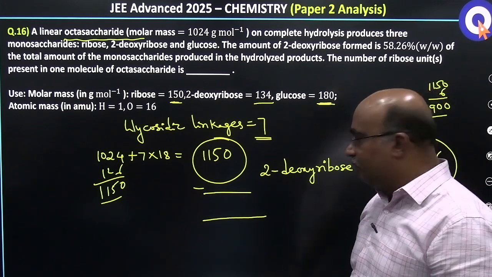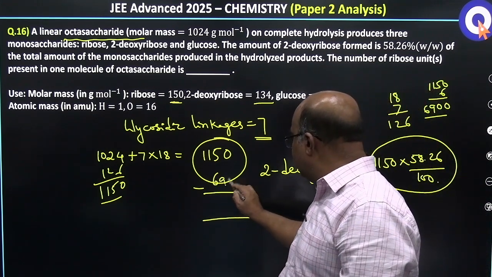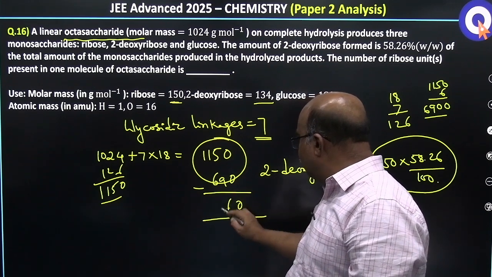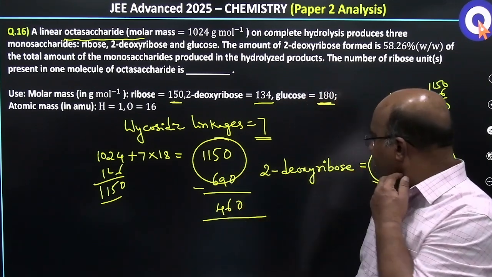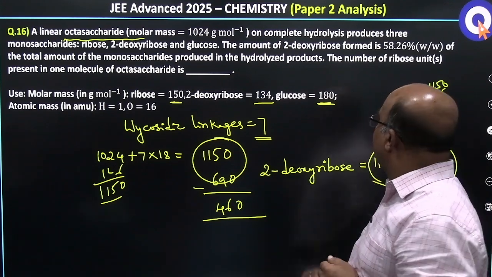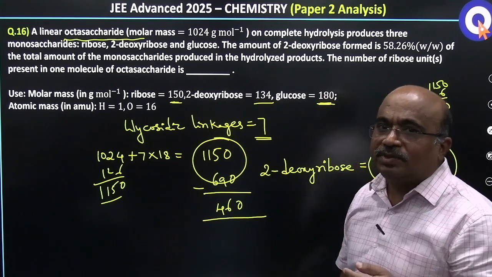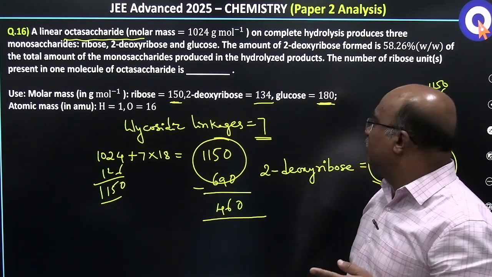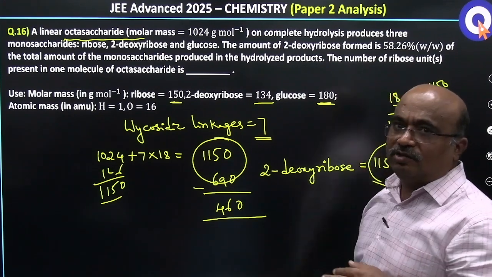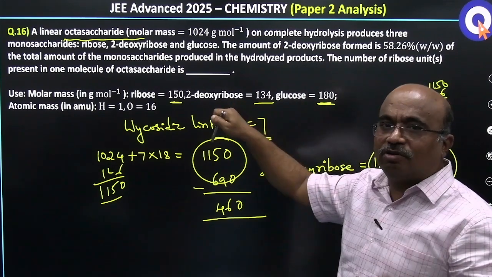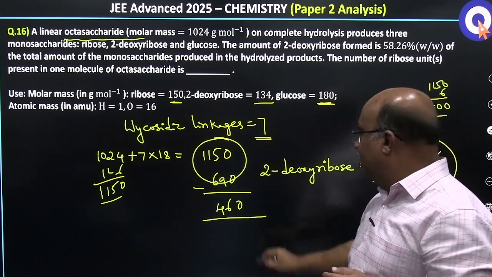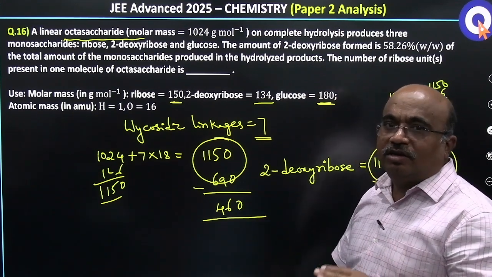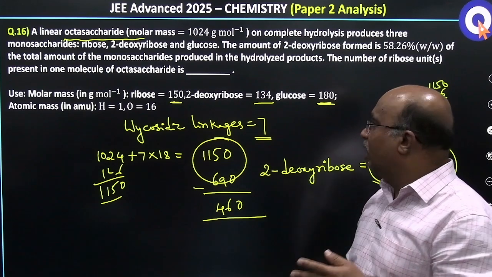So if you subtract 690, around 460 is left out. So for 460, if you assume at least 2 glucose units, it will become 360, because we require ribose units only. So if you assume 2 glucose units, then effectively 360 will cancel and only 100 will be left.